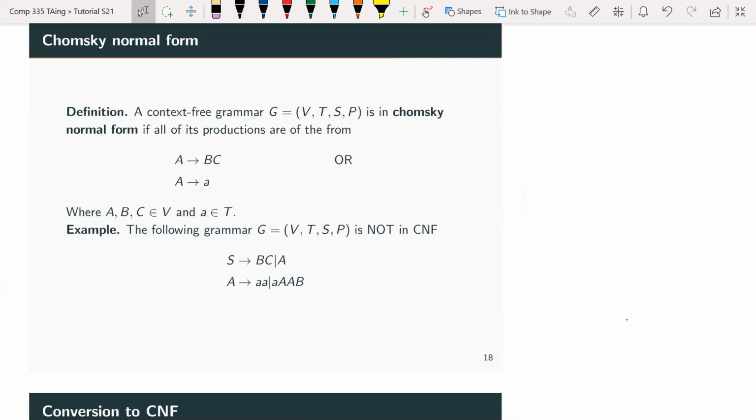There's a Chomsky normal form, which I always like to note is named after a very famous linguist, Noam Chomsky, who's actually still alive, he's like 90 something.